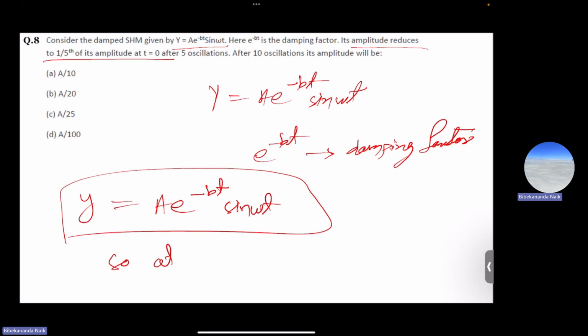So at t equals 0, y equals a into e to the power 0, which is 1, and sine 0 is 0.